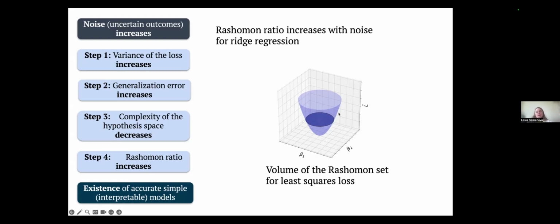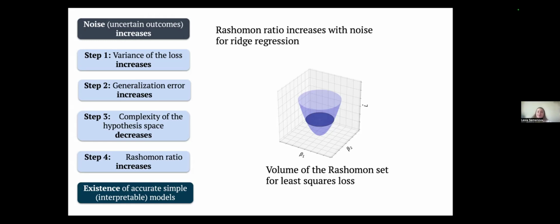So let me draw this threshold and look at all of the models below it. Essentially, the volume of all those models will be an ellipsoid, and I can just compute the volume of that ellipsoid in order to find my Rashomon set. This is the intuition for least squares. It's also true for ridge regression: the Rashomon set for ridge regression is also an ellipsoid, the volume of which I can compute. So this equips me with a very nice opportunity to measure my Rashomon ratio directly.